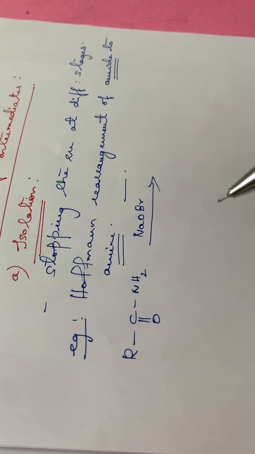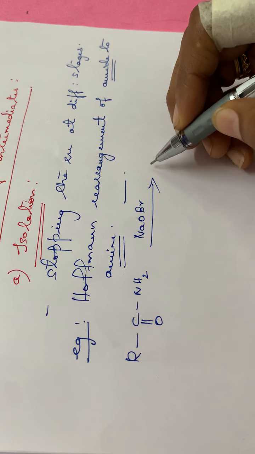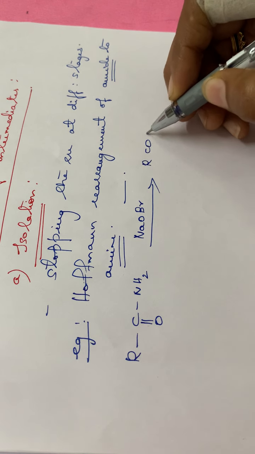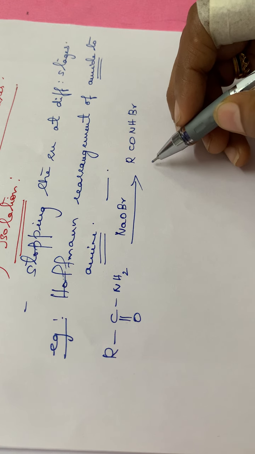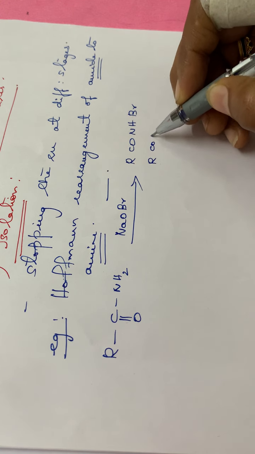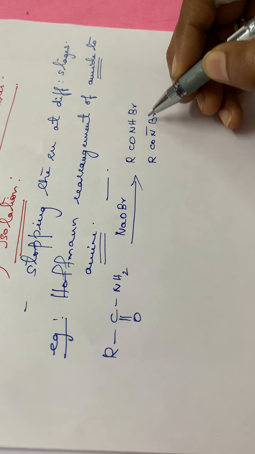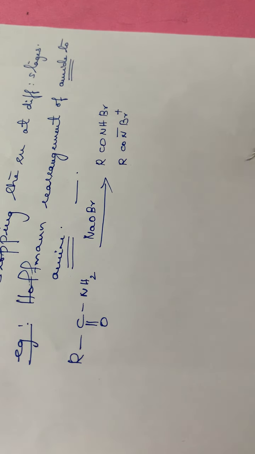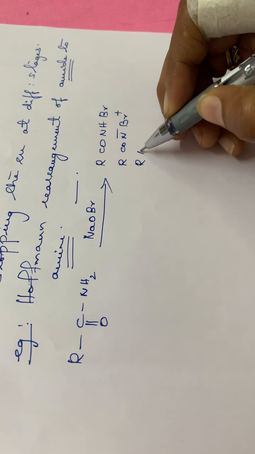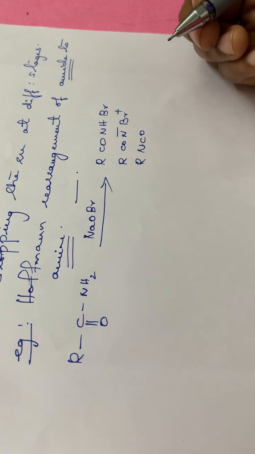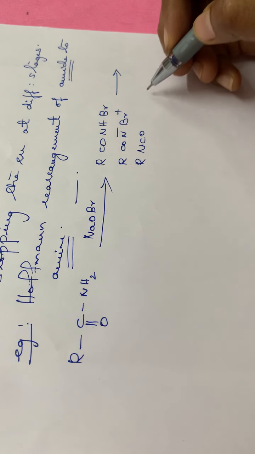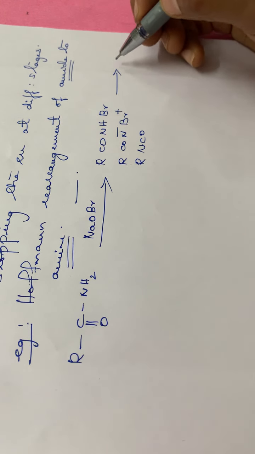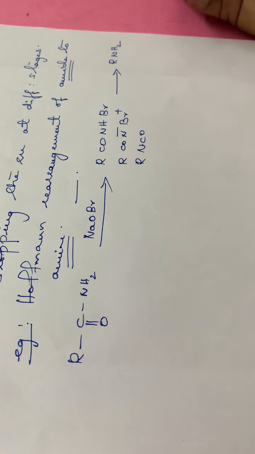So the intermediates formed will be, at first stage, the first intermediate formed is RCONHBr. Okay, then the second intermediate will be RCON minus Br plus. Then the last intermediate is RNCO, that is an isocyanate. After the formation of these three intermediates, the compound is finally converted to the product amine.